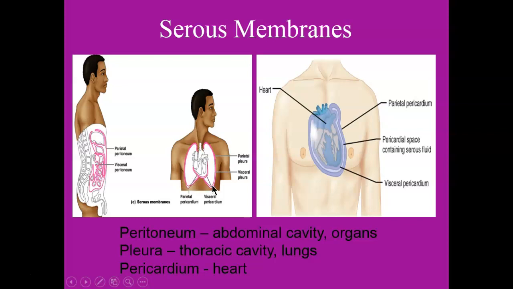So again, you have on the surface of the lung itself the visceral pleura, lining the cavity, the parietal pleura. And then lining the abdominal cavity and the organs within, we have the peritoneum. The parietal peritoneum lines the abdominal cavity. The visceral peritoneum lies on the abdominal organs.